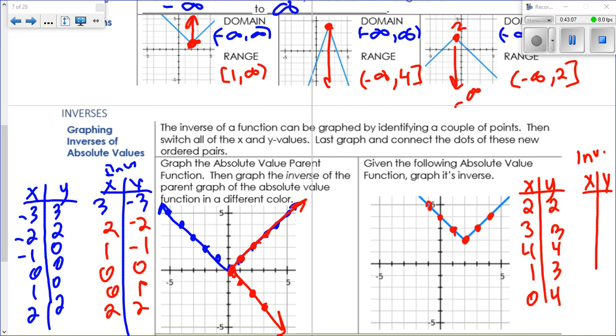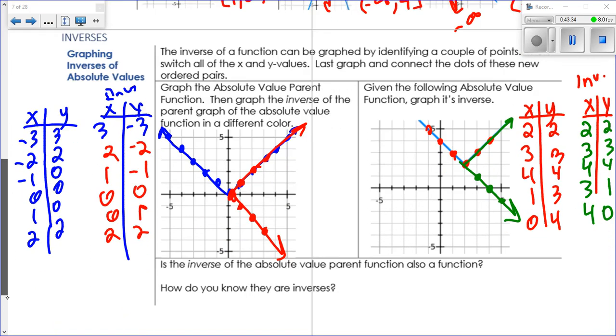So I'm going to create my new table for my new graph, my inverse. So I have 2, 2, 3, 3, 4, 4, then 3, 1, 4, 0. So going this way, 3, 3, up 1, 4, 0, and I can keep going. Here's my new graph. All I did was switch the two sets of points.